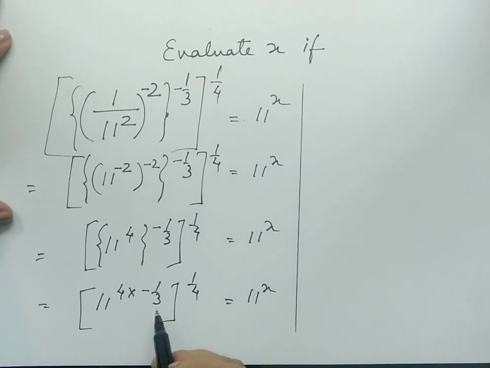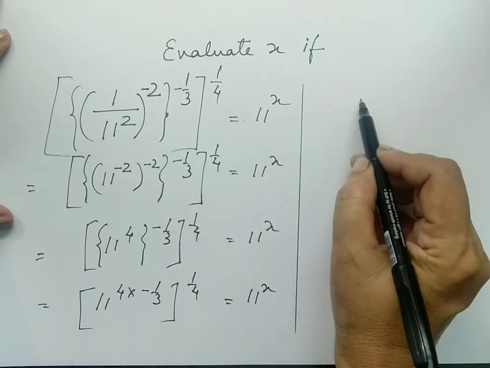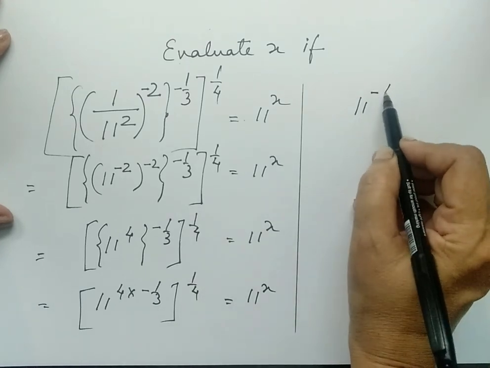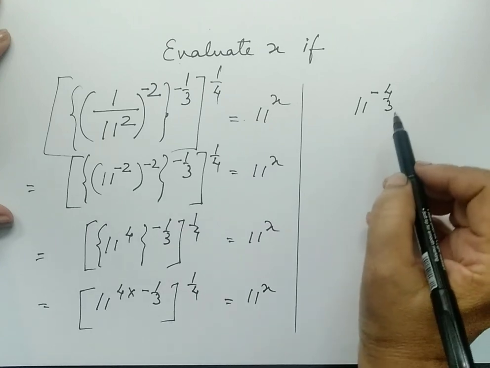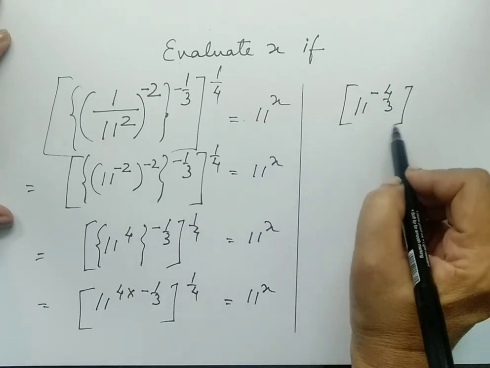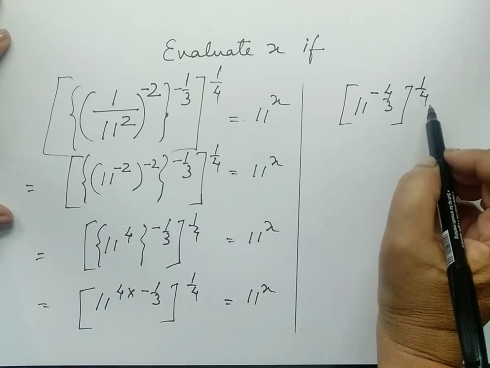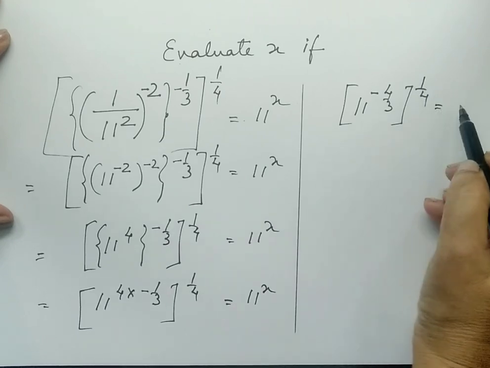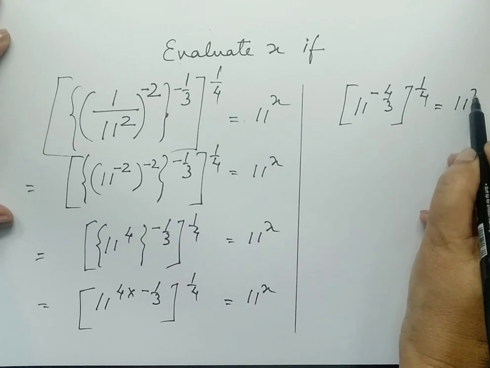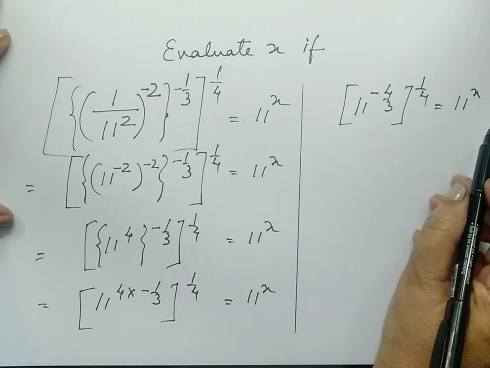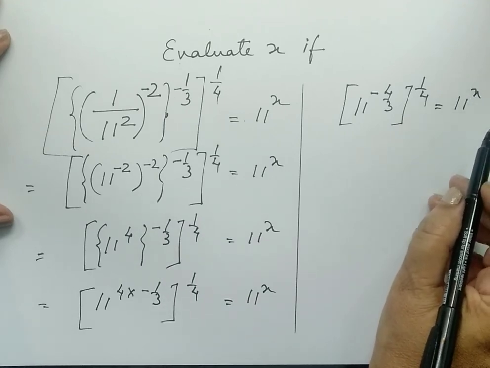I'm sure not. So in that case we write over here minus 4 by 3, and outside the block bracket we have 1 upon 4 as a rational exponent, and here 11 to the power x. Correct?